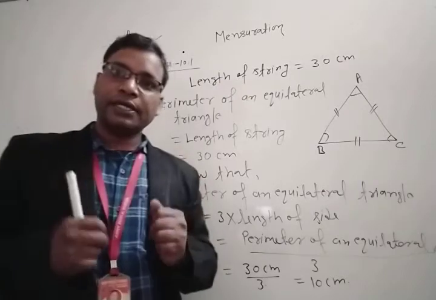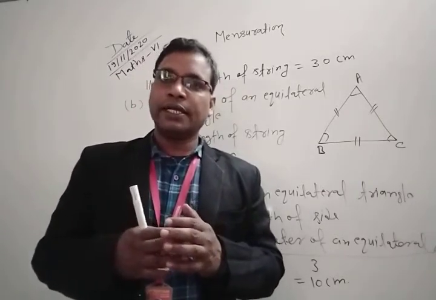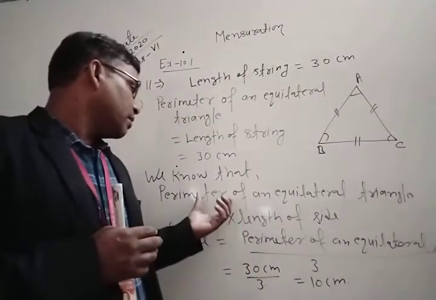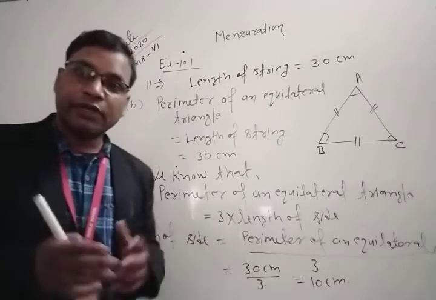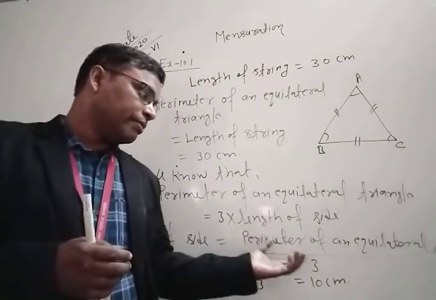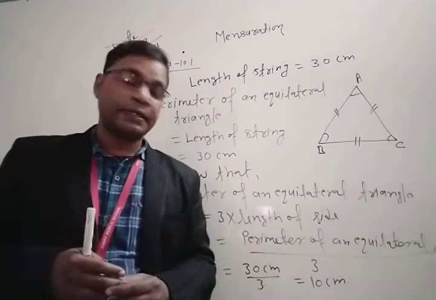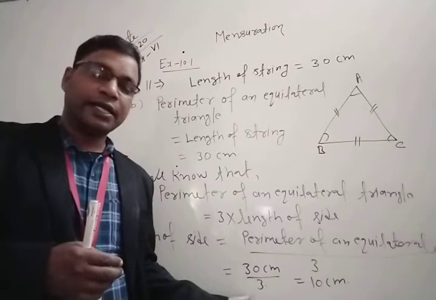But here we need to find the length of the side of an equilateral triangle. For this, if you divide the perimeter by 3, then you obtain the side of an equilateral triangle.